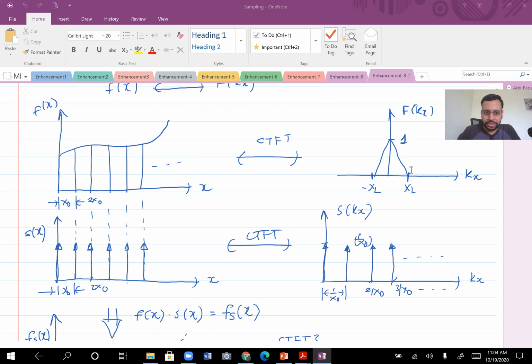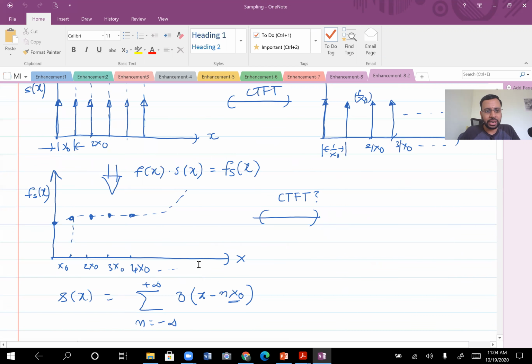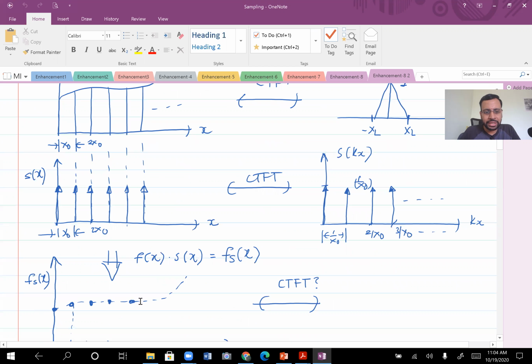So you have this. Now, in order to get samples of it, we are looking at what is its equivalent in mathematical terms. It's equivalent to multiplying with an impulse train. Once you do that, all you will be left with are just its values at some regular points, right? So then we are looking at what happens to its Fourier transform.